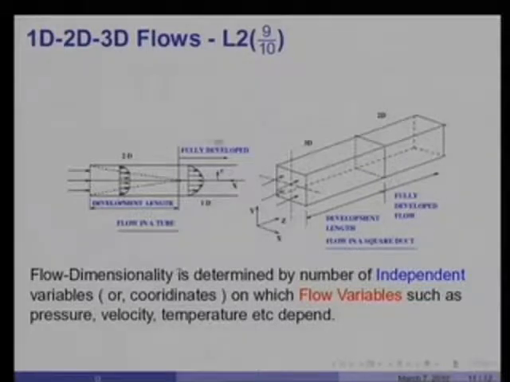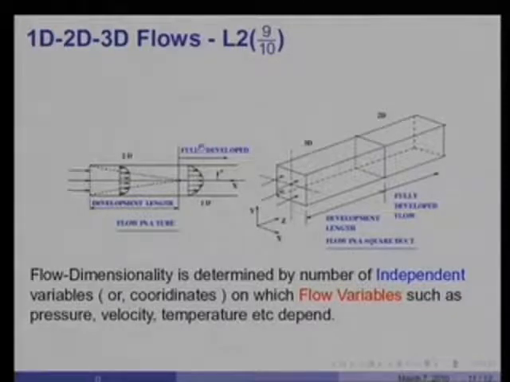So if I consider, for example, flow in the entrance length of a tube, then you will see boundary layer development will take place. But after a certain length, the boundary layers will merge, and the velocity profile, which was in this case a function of both x and radius r, is no longer a function of x at all, because the flow has become fully developed and the velocity is a function of radius r only.